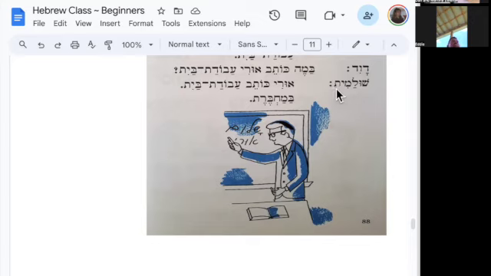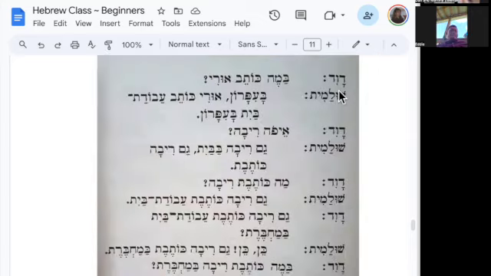What is this word again? Now this one is Bameh kotev Uri. With what does Uri write? Come on, Shulamit. This one is Be'iparon.